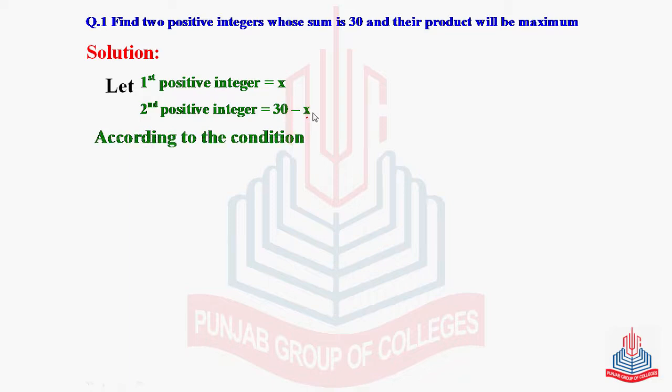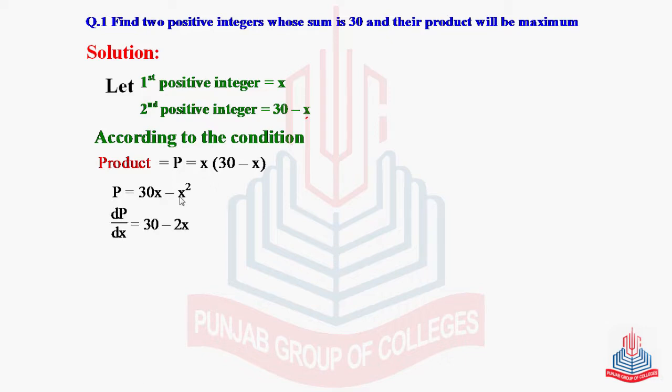According to the condition, the product is x into 30 minus x. The product of these two numbers, where the first integer is x and the second is 30 minus x, will become x into 30 minus x. After simplification, the product P is 30x minus x square.